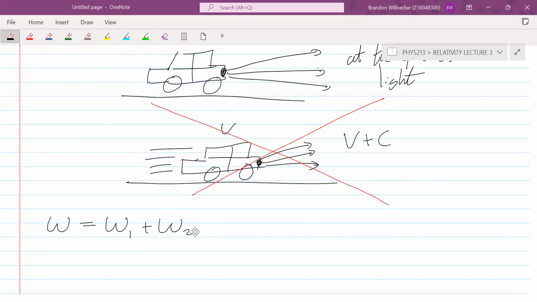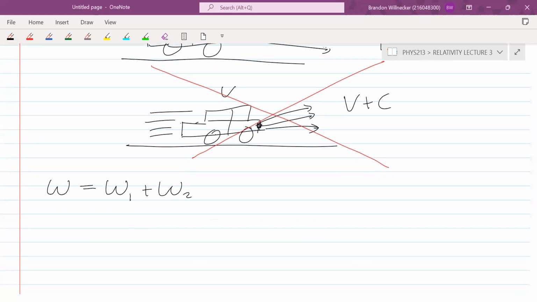Now the light is moving away from the car. So according to us, it's moving at rapidity omega-1 plus omega-2. Okay, we just add the rapidities because of the moving frame. Now, rapidities add. That's it. That's all we need to write.